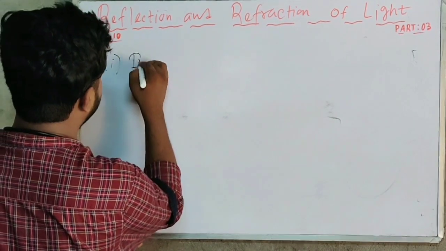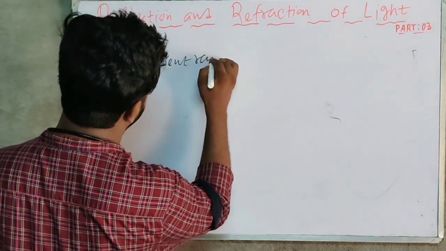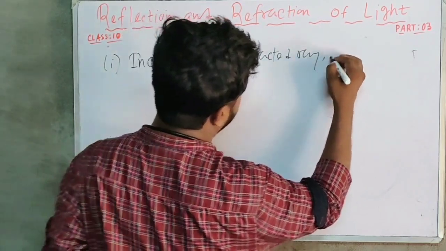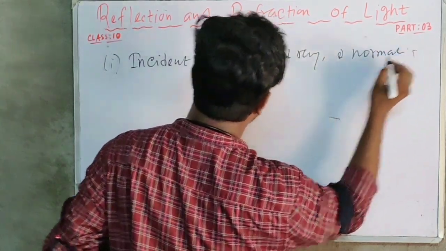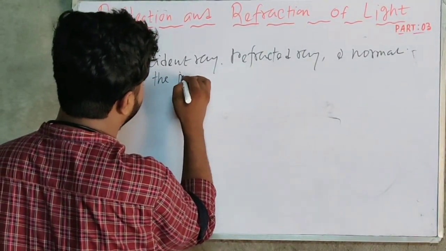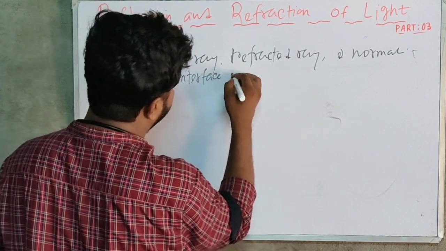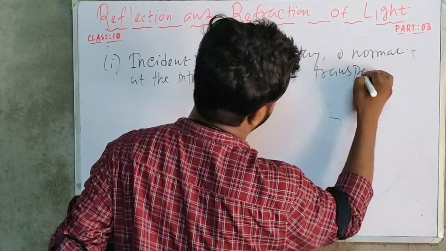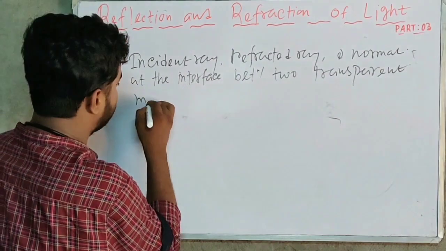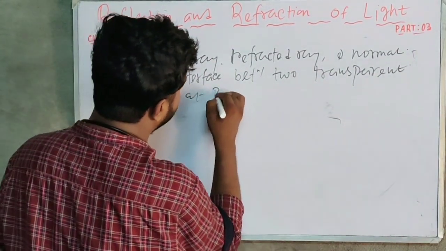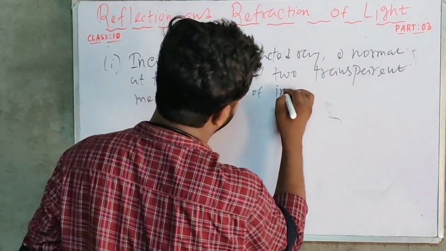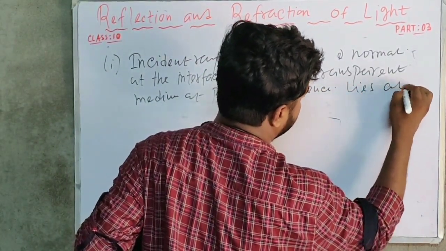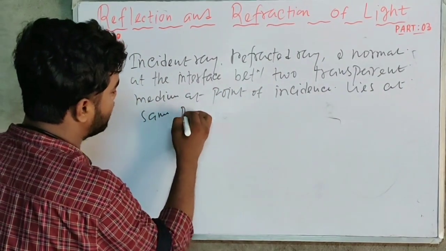First point: the incident ray, refracted ray, and normal at the interface between two transparent media at the point of incidence lie in the same plane. This is the first point.